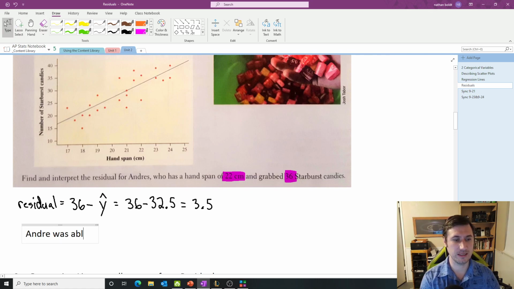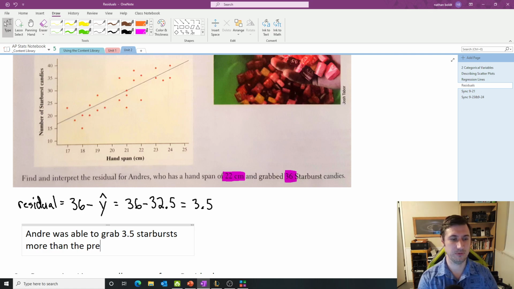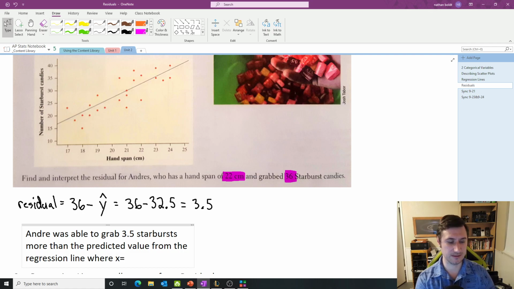That means Andre was able to grab 3.5 Starbursts more than the predicted value from the regression line, where x equals 22 centimeters. I might even put what x is in there, the 22 centimeter hand span.